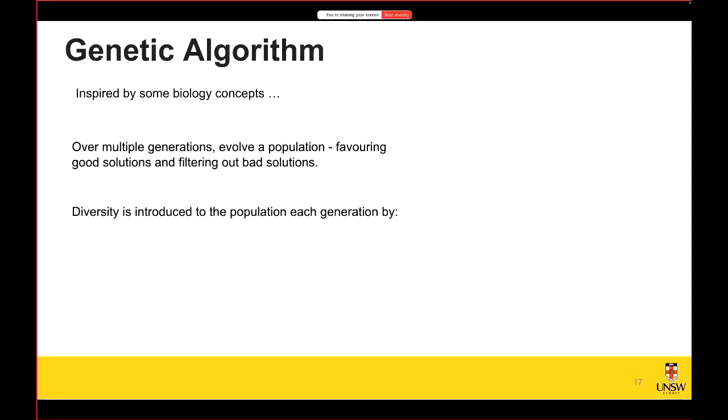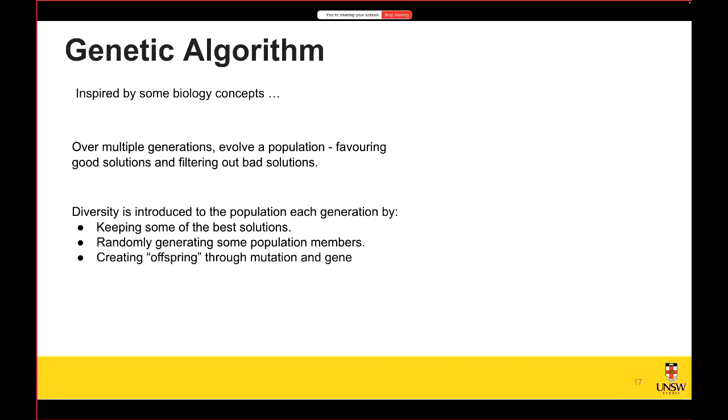This diversity is introduced into the population in each generation by keeping some of the best solutions. The keeping of the best solutions is to make sure that we are moving towards the goal. We are trying to get things better. And we randomly generate some new members into the population. Then we can create offspring by mutations and crossover of the genes.